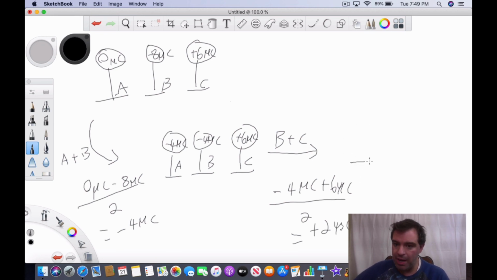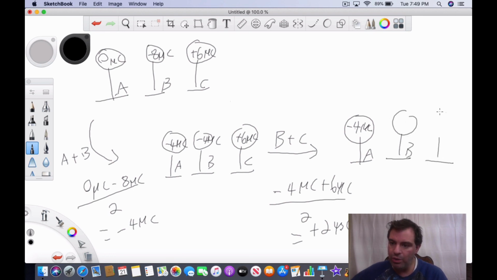So at the very end, A is going to keep this charge right here, negative 4 microcoulombs. And now B and C have the new charges of positive 2 microcoulombs, and of course, positive 2 microcoulombs.